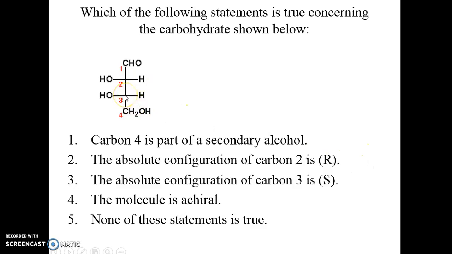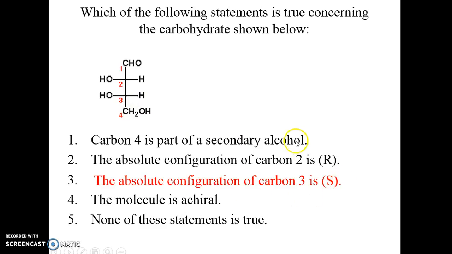For number 3, the number 1 group would be this, and then this, and then that. That is clockwise, but the hydrogen's coming out, so it's counterclockwise, so 3 is correct. The molecule is chiral. It is not achiral. This group is not the same as that, so it can't be meso.